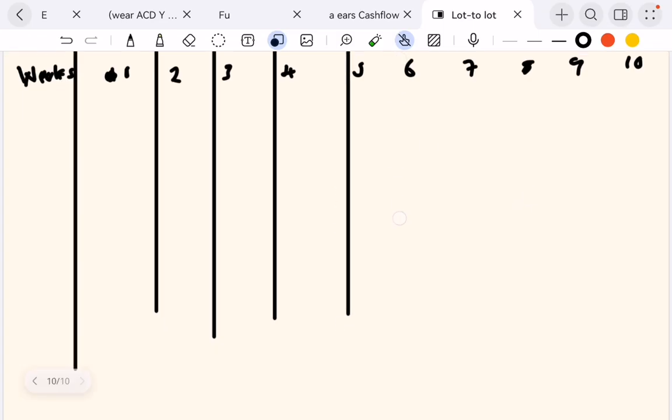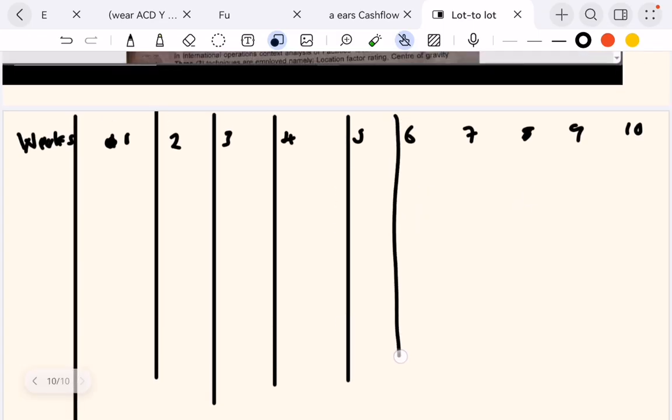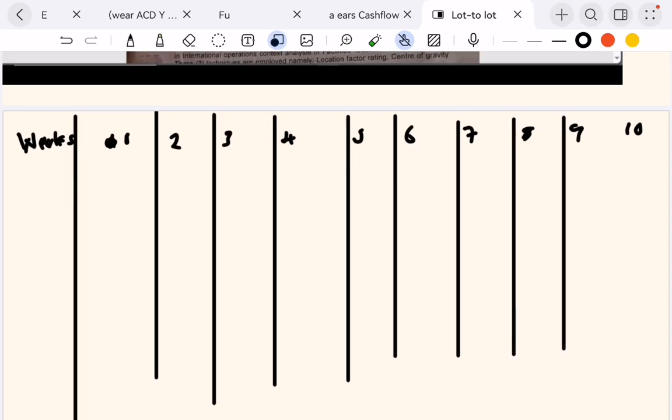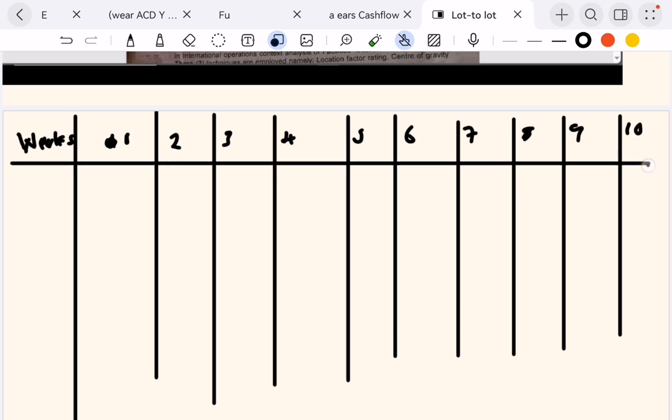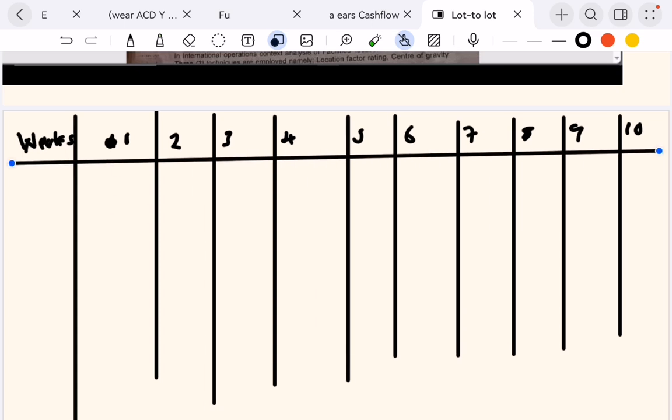So we draw the table. I'll share the part of the video for this aspect of this question, from the start until the end, for those that I might have missed.